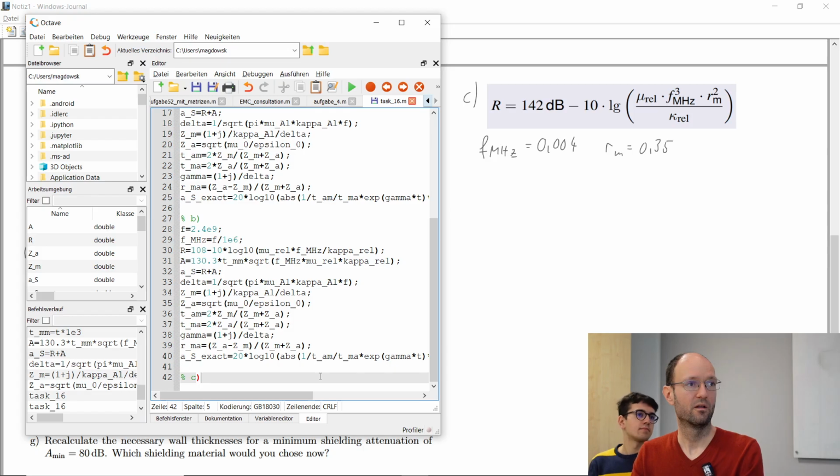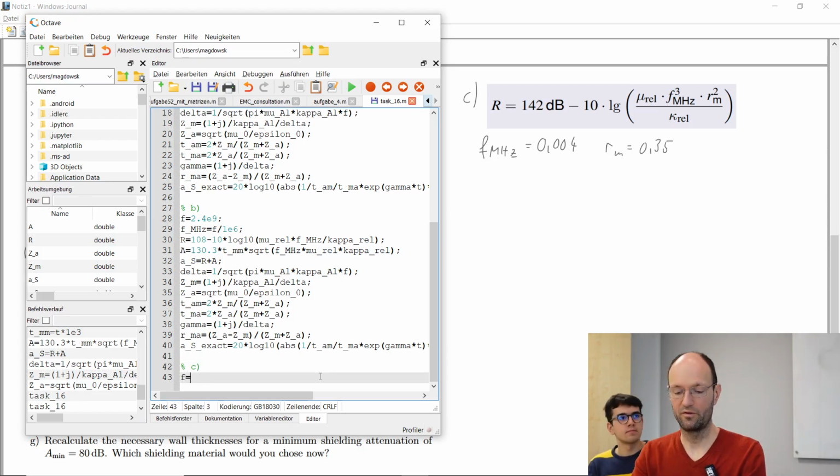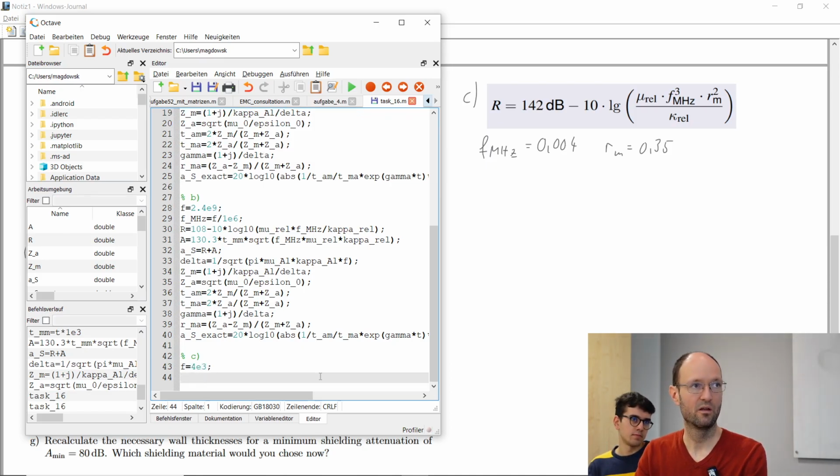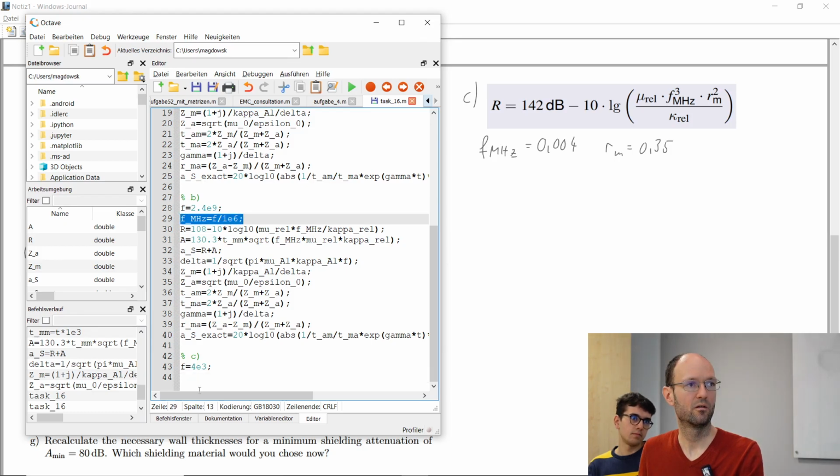And so in task C, our frequency is 4 kilohertz. Kilo is 10 to the power of 3, right? If we do the conversion into megahertz, it's like this.